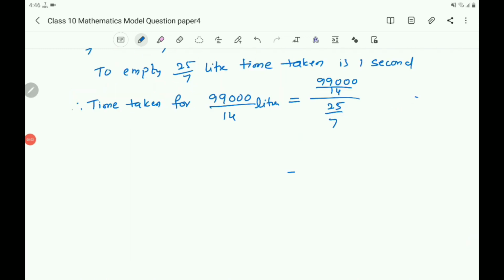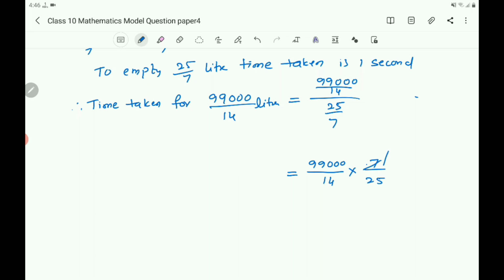Then next you write equals 99,000/14 into the reciprocal of 25/7, which is 7/25, you have to take.